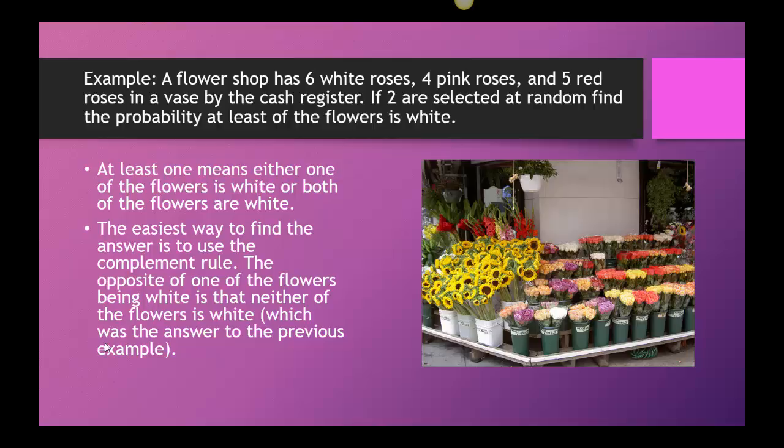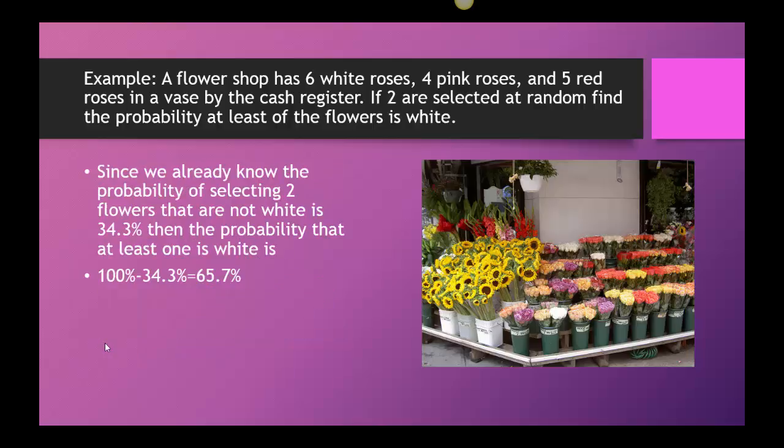So the opposite of one of the flowers being white is that neither of the flowers is white, which was the answer to our previous example. So we already know the probability of selecting 2 flowers that are not white is 34.3%. That means the probability that at least one is white is 100 minus 34.3%, or 65.7.